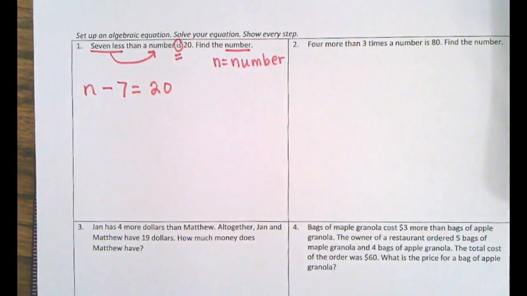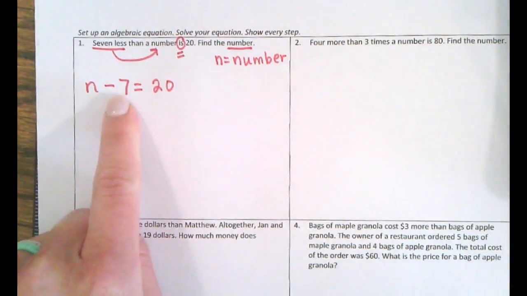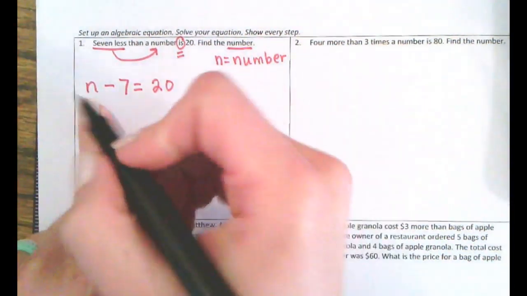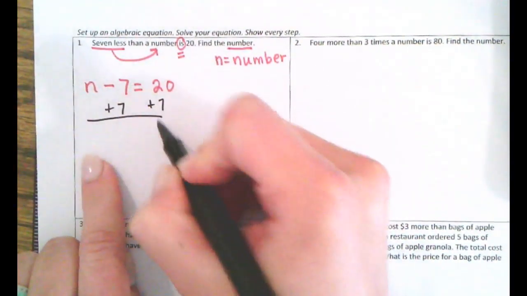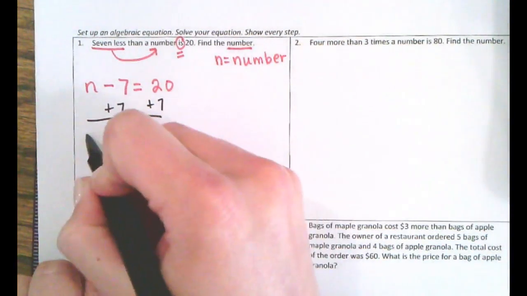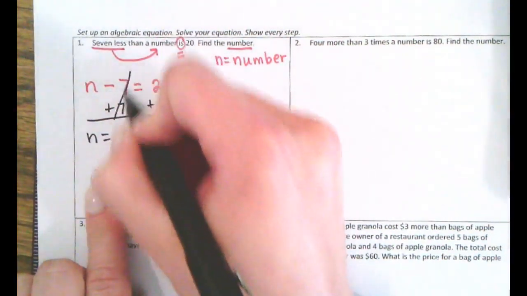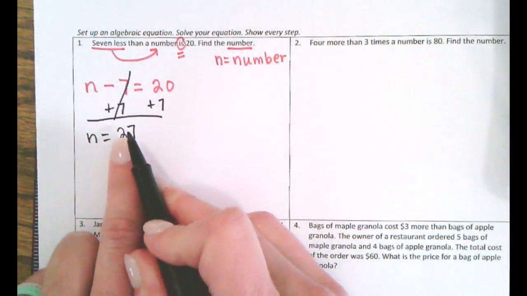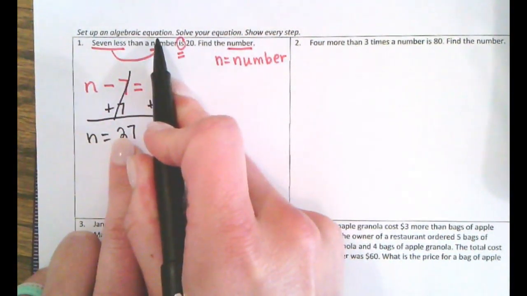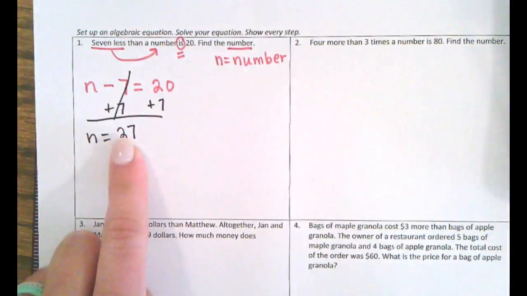Once we have set up our algebraic equation, we can solve our equation. Since this is -7 to my n, the inverse of that is to add 7 to both sides. Then I get n equals 27. And I have successfully set up the algebraic equation, solved it, and showed every step.